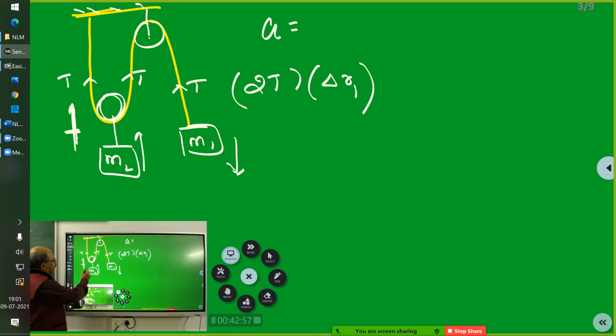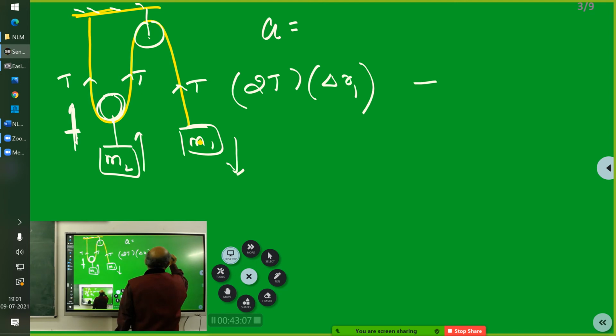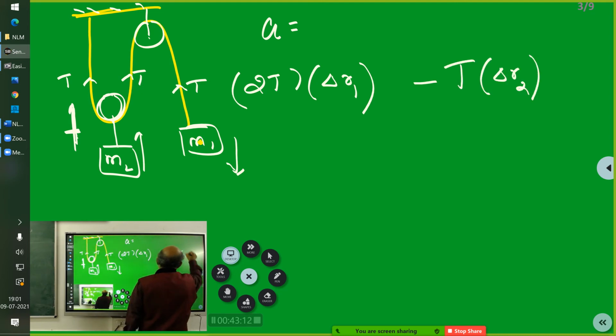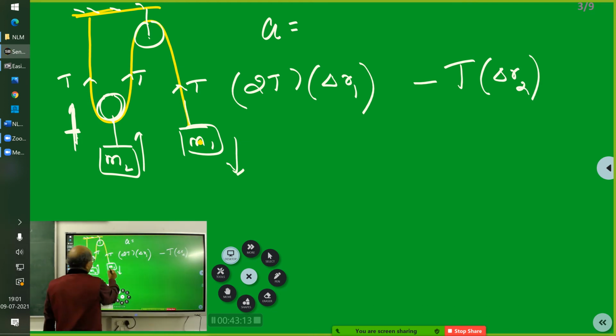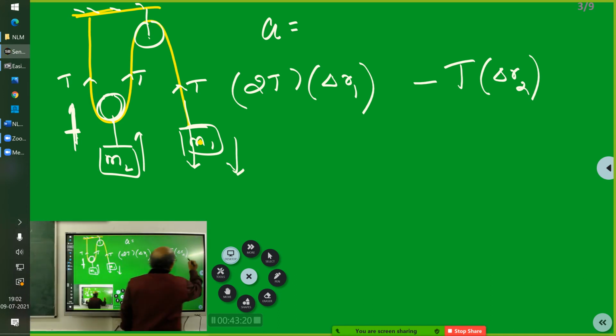So the work done at this point is 2T into delta R1. Now the work done at the other point will be minus T into delta R2, because T is up and this will go down. That's why I wrote minus. And this is equal to 0.